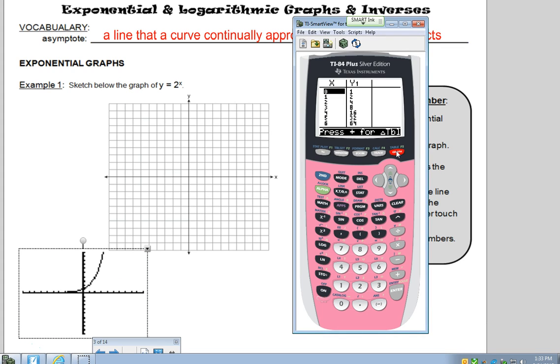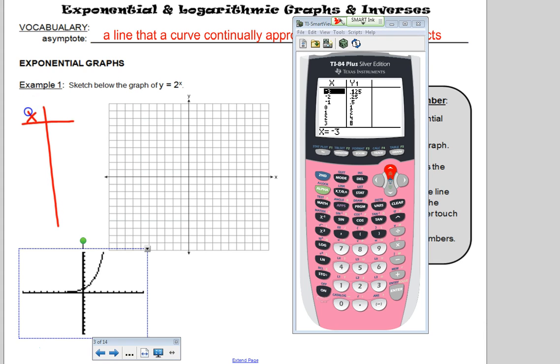and graph some points. Now you really also want to get this section of the graph, so don't just stick with the positive values for x. We're going to go back also and maybe go back to -3. You should write the table on your paper.